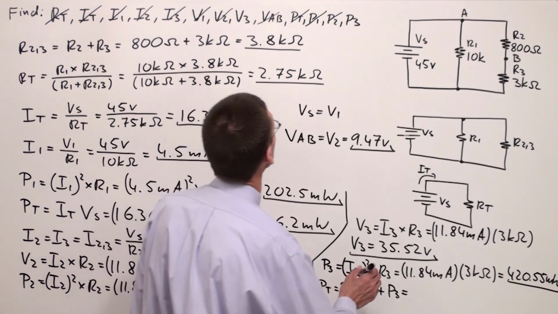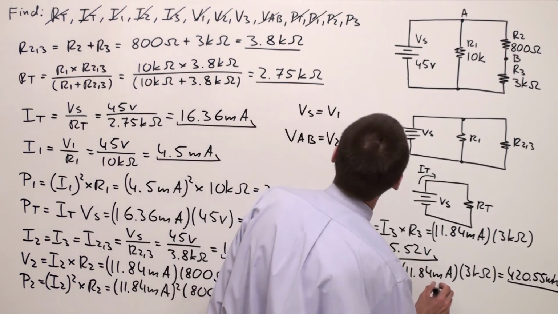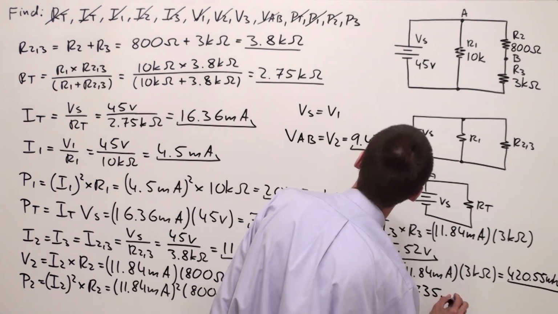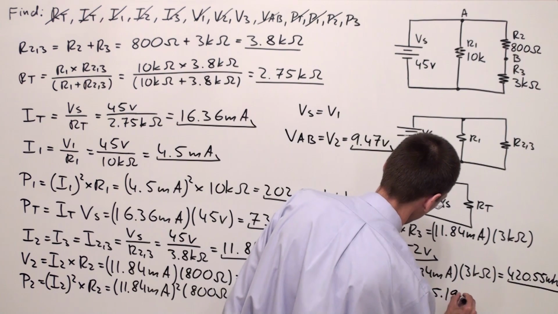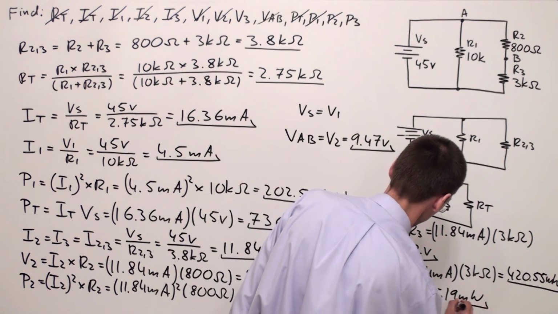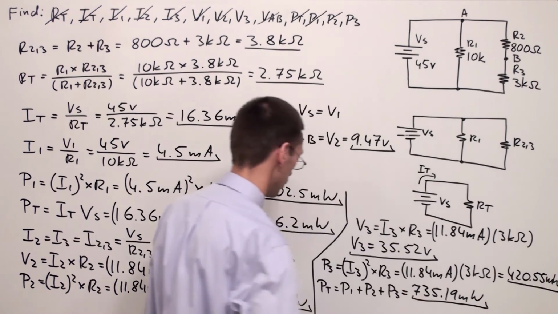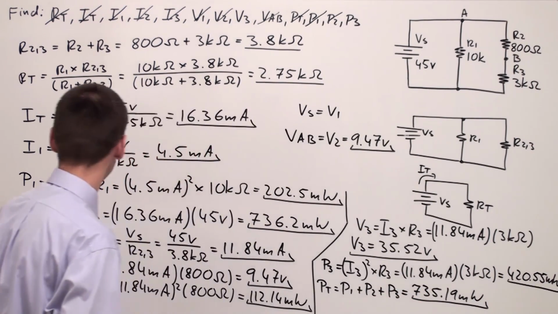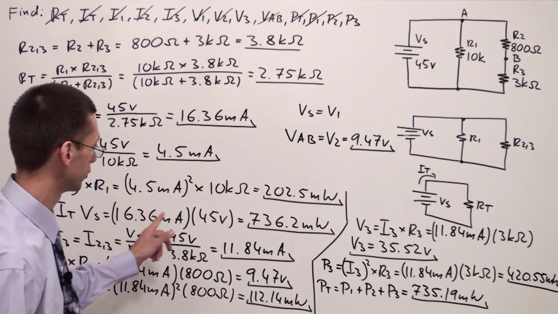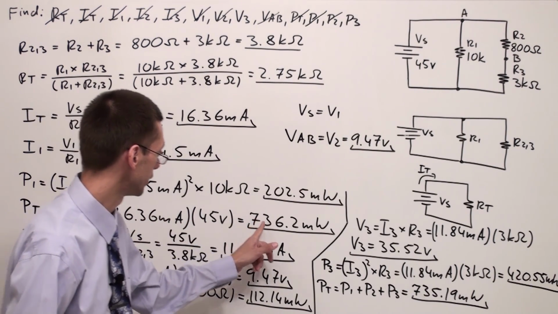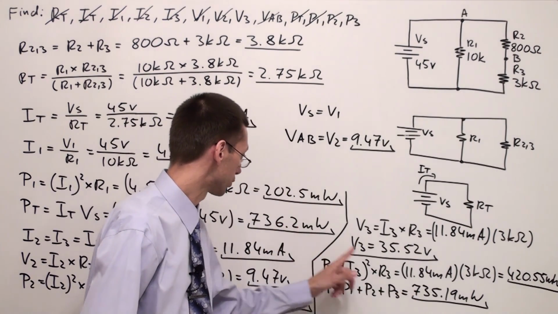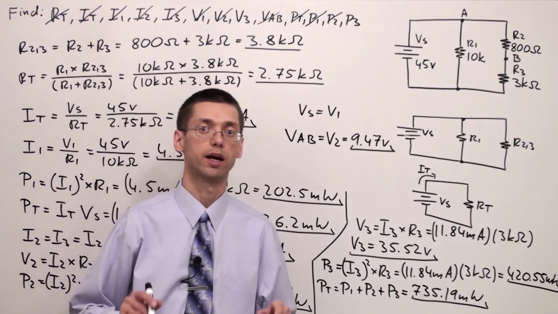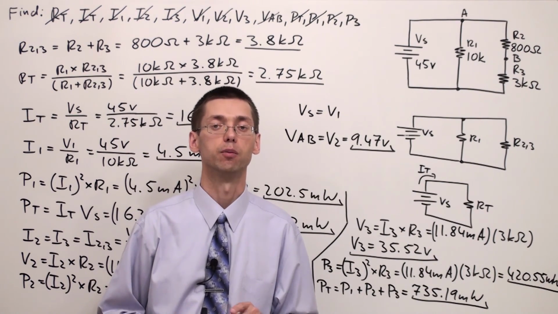It's supposed to give you the answer 735.19 milliwatts. Okay, so compare this answer with P total, which we found before. So as you can see, these two values are very close to each other. So it means that our calculations are correct and the problem is solved.